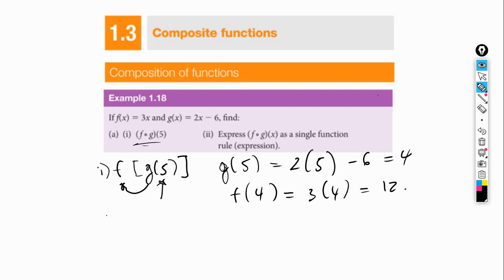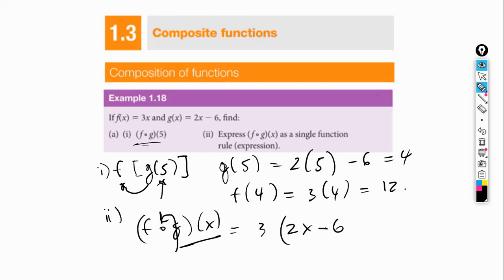For part 2, they're asking us to express it as a single function rule. In other words, let's do it algebraically and get a final equation. So if we have f of g of x, this implies plugging g inside of f, right? So g of x is 2x minus 6, and f of x, which is the outer function, is 3 times x, so 3 times g of x, right?